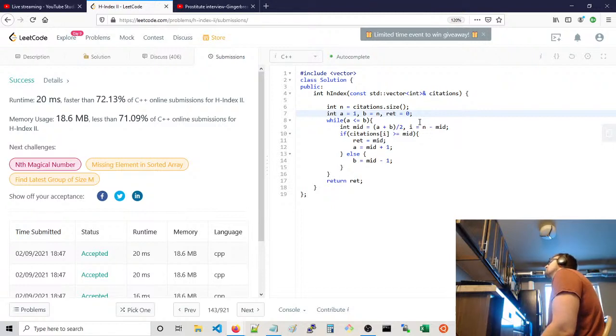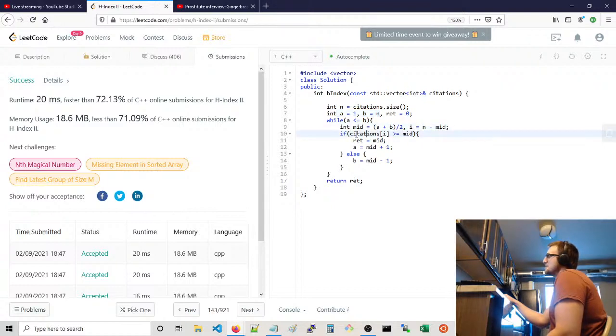I want to say that you can't, but you're looking for the largest value between A and B where this query is true.